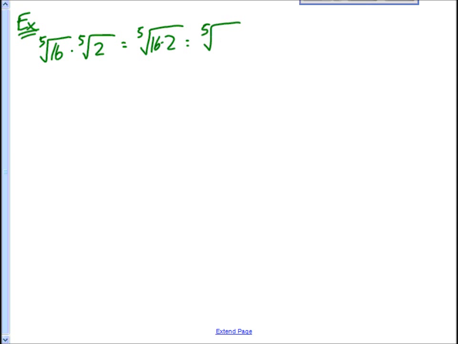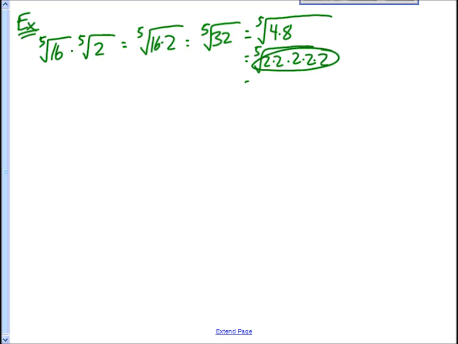So fifth root of 32, so I'm looking for 5 of a kind here. So I say, well, let's see, 32 is 4 times 8, right? 4 is 2 and 2. 8 is 2, 2, 2. You see how you got 5 of a kind? So my answer is 2. Because the fifth root of 32 is 2.